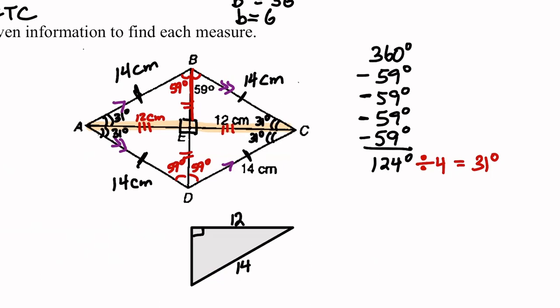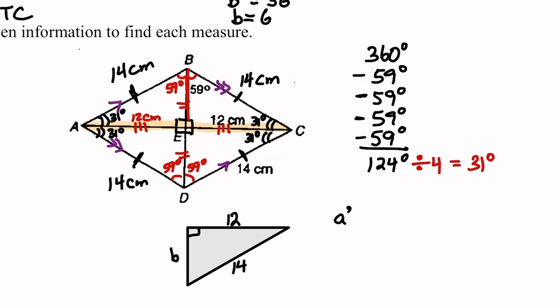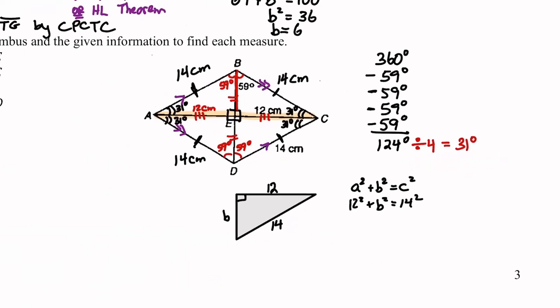I can figure out the missing side, call it B. So A squared plus B squared equals C squared. 12 squared plus B squared is equal to 14 squared. 144 plus B squared is equal to, is that 196?